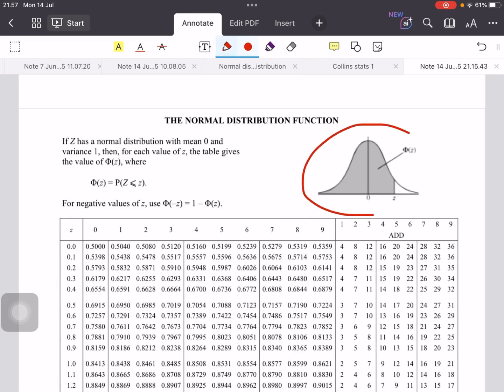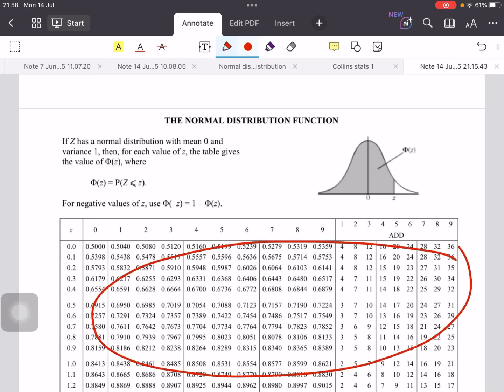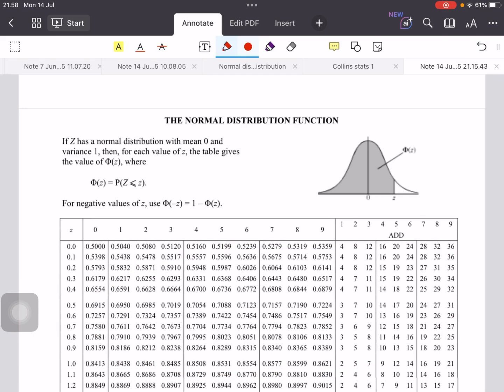On the top of the table, we are given a diagram, and the part of the region shaded in this diagram is on the left of a certain value. It means that all the values given in this table will be the probability of z less than a certain value, as it is written here.